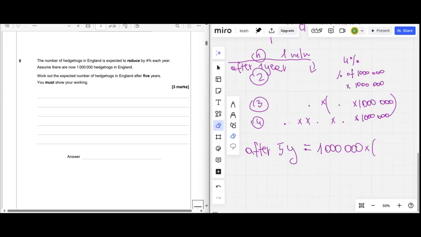Czyli jeże są na wyginięciu. Dobra, reduce. A ile to jest reduce o 4% ze 100? Ile procent zostanie? 96. Tak, 96%, czyli 0,96.